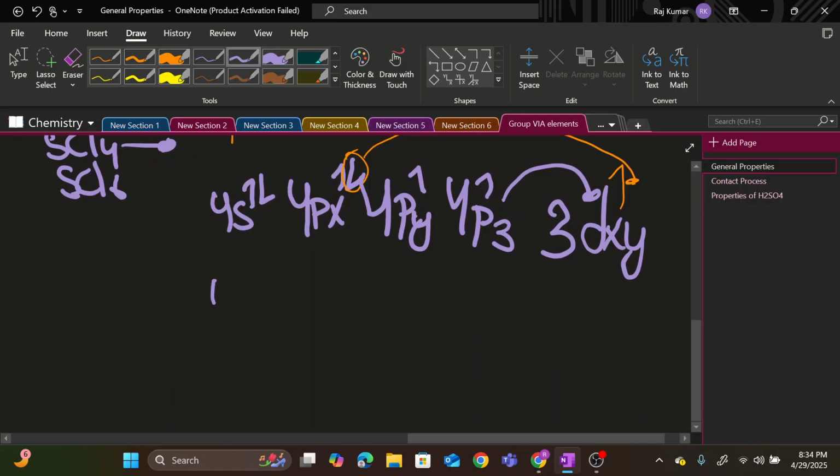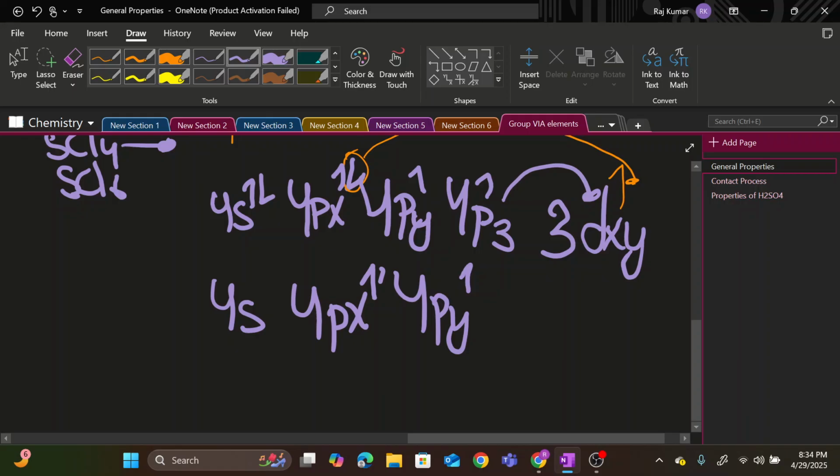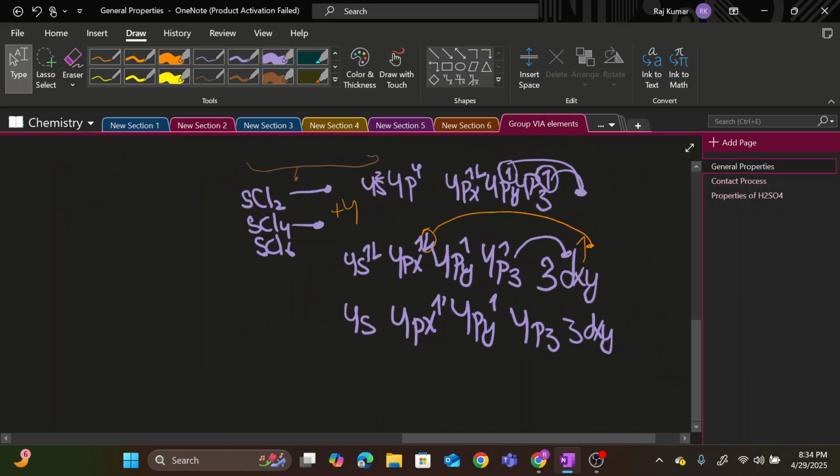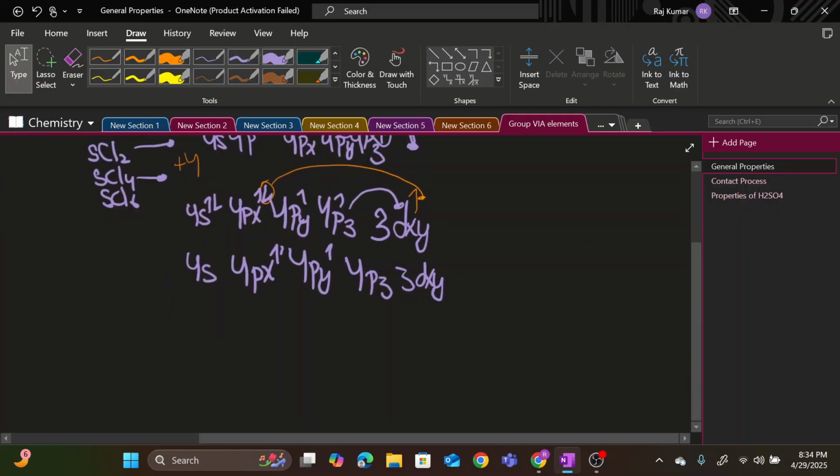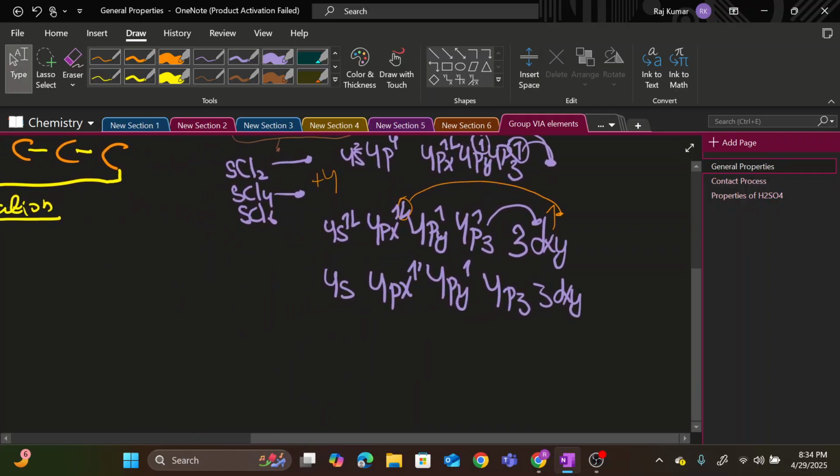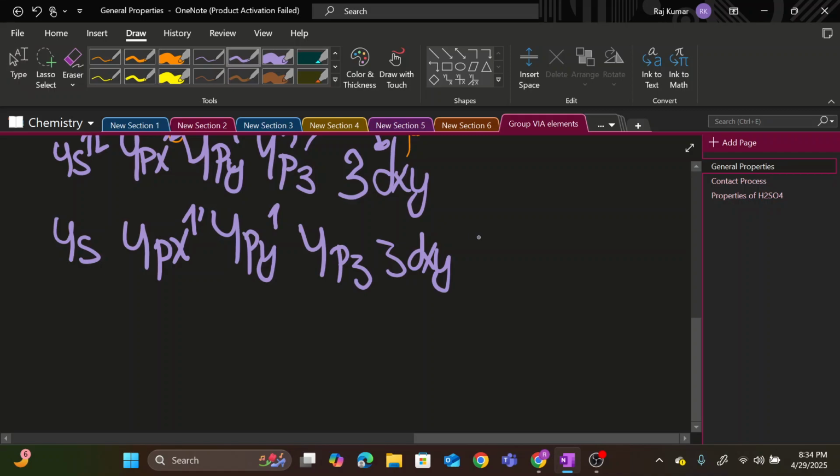Third case is when I take electrons from the s orbital and transfer it to another d orbital. So let me just explain that as well. 3dxy, 3dxz, for example.